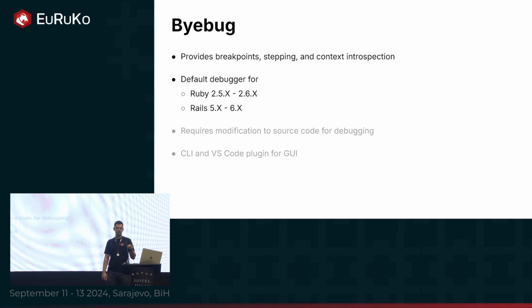It's the default debugger for old Ruby versions and old Rails versions. Also, it requires modification to your source code to make it work. Usually, we need to place a require statement and a call to make it work. And additionally, this debugger provides a command line interface by default, and there are several VS Code plugins to make it work.